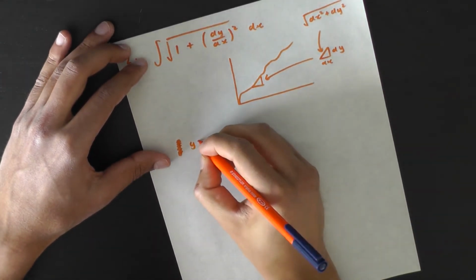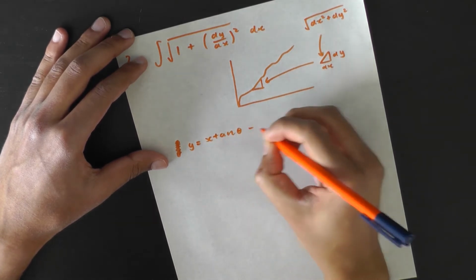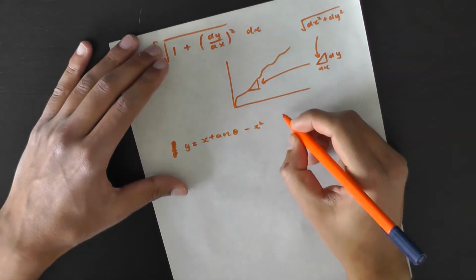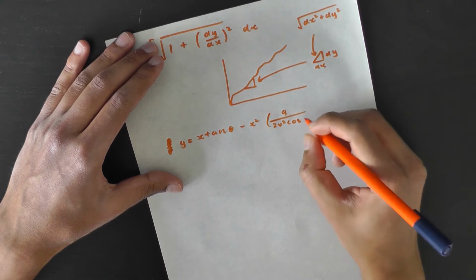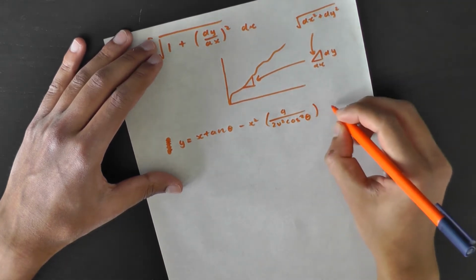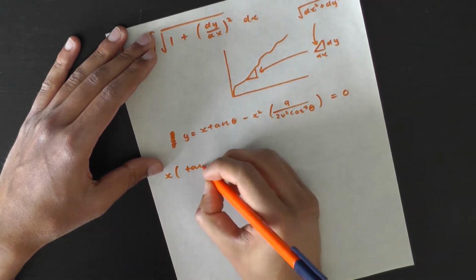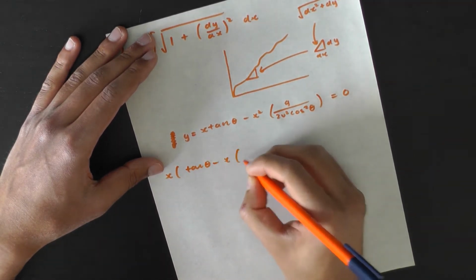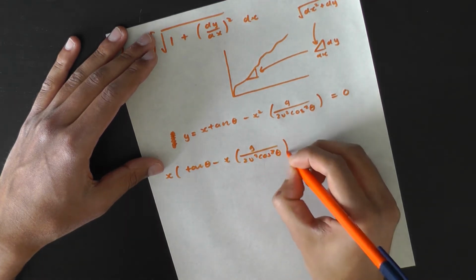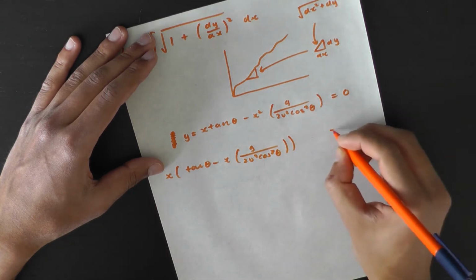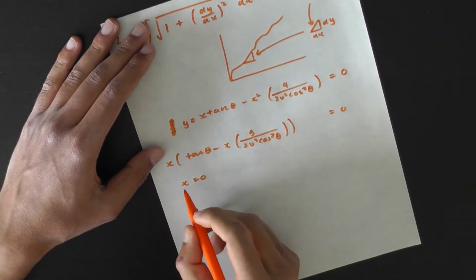So let's take our equation, y equals x tan theta minus x squared g over 2v squared cos squared theta, and set that equal to 0. If we set x equal to 0, then that's one of the solutions.